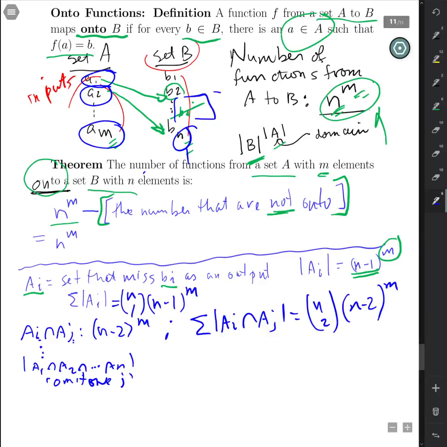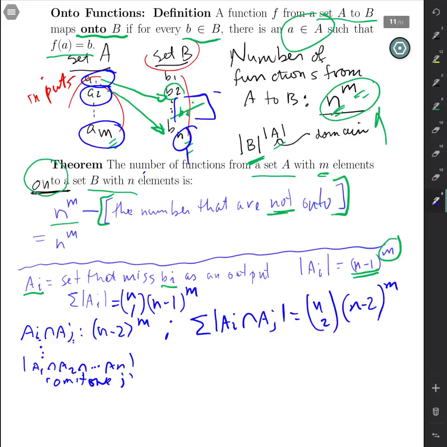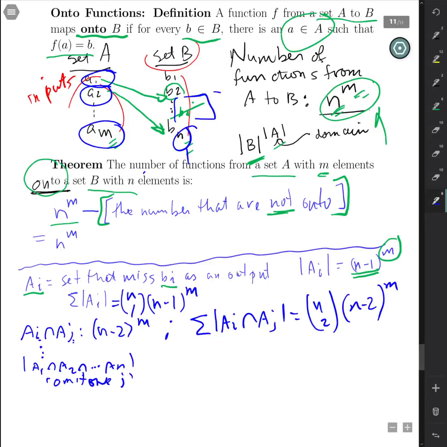It has to have at least one, and the least it can have is 1, in which case it's a constant function. So these really are the constant functions, and so in this case Bj would be the constant output value, because we're told it misses every other one but Bj.